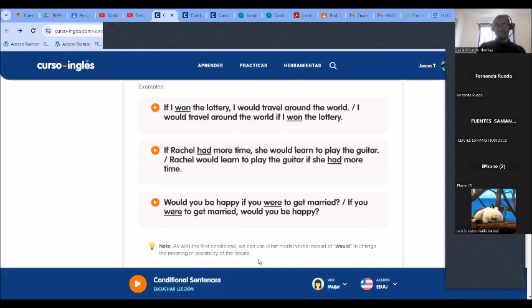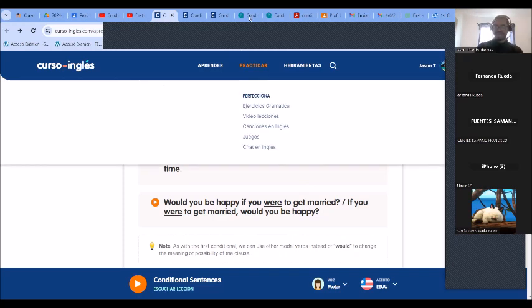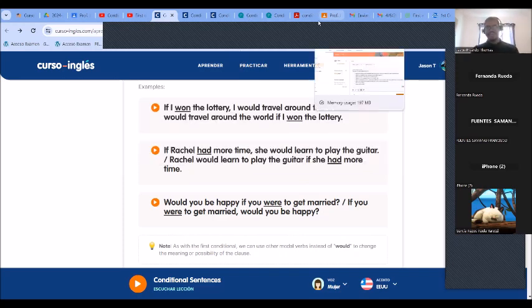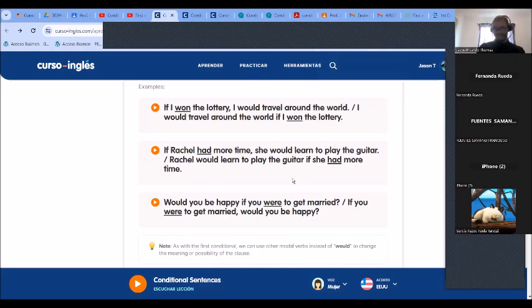Now, it goes without saying that the different types of modals have to match your situation. So be very careful when you choose your verbs and make sure to match. Is it possible or is it impossible? Is it real or is it unreal?